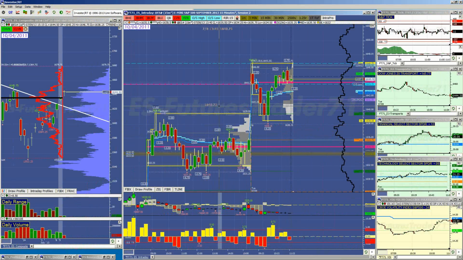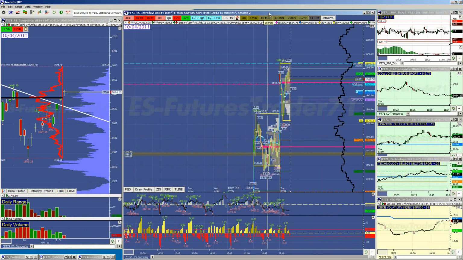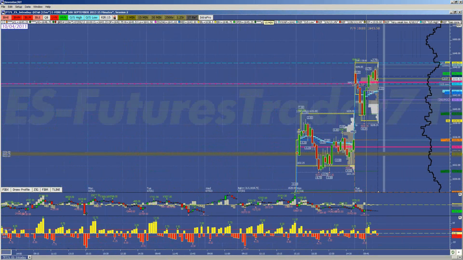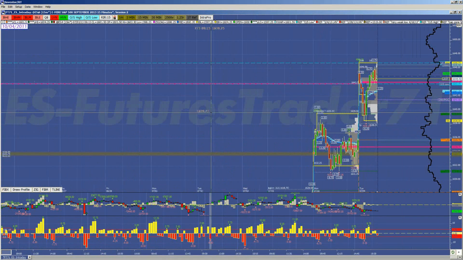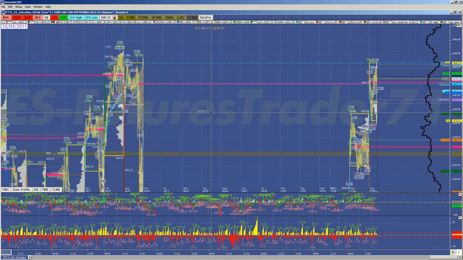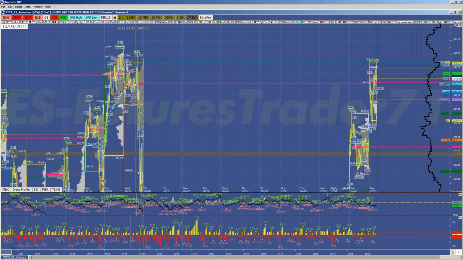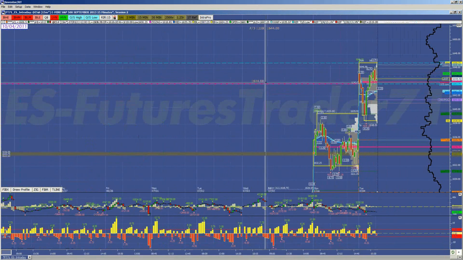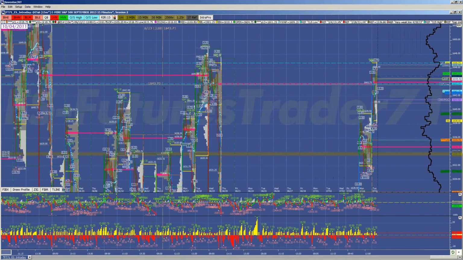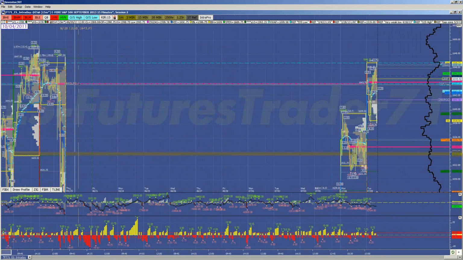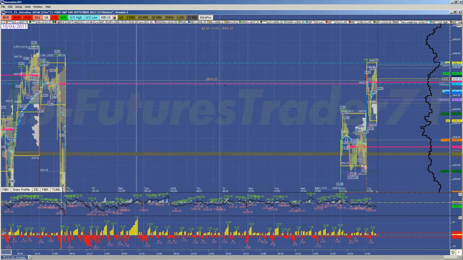For example, today we opened way up here at 45.25, and essentially we're trading the 19th of June. We've gone back and we're trading that day's auction. So that profile is really important today. I'm looking at this profile, and if you looked at my tweets this morning, I said I'm looking for a test of the 43.75 early in the session, and that's what happened.